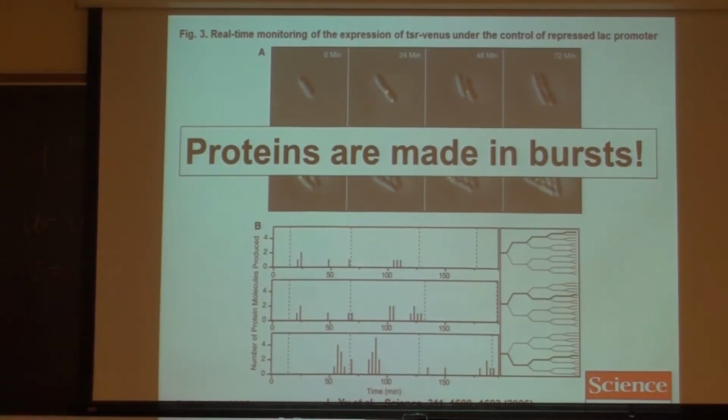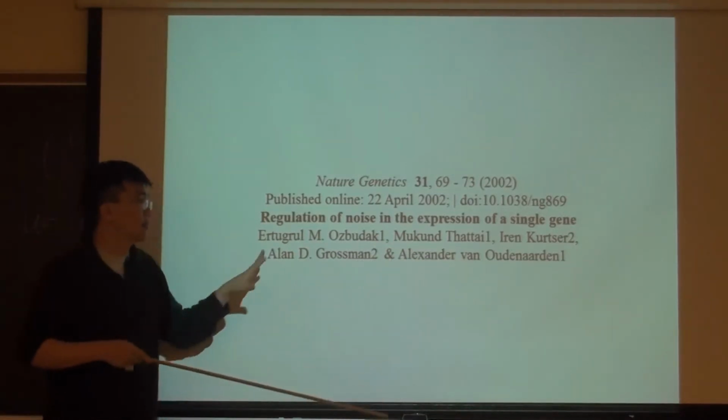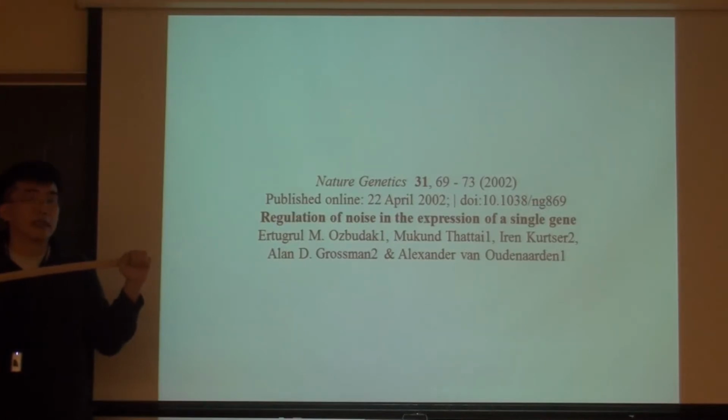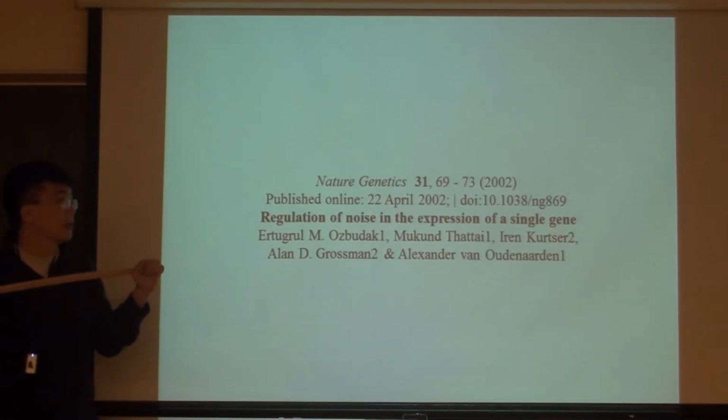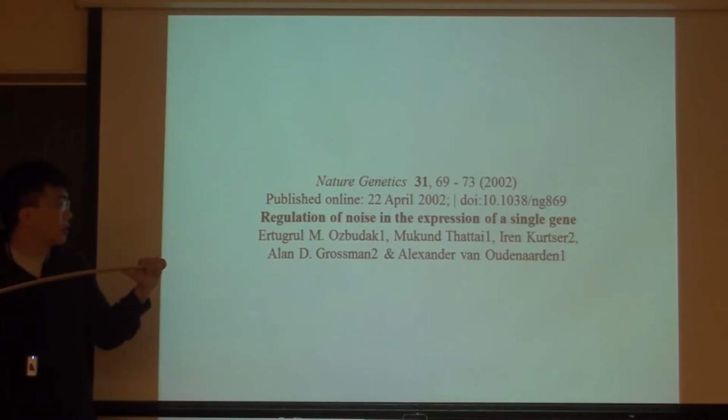So let me give you a reason for that. There's a really famous paper by Alexander van Oudenaarsen's lab. Back then it was at MIT, but now he's in the Netherlands, directing a large developmental biology center.